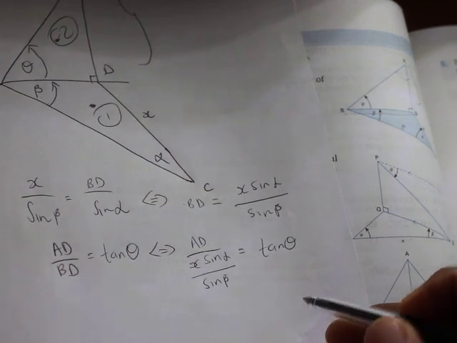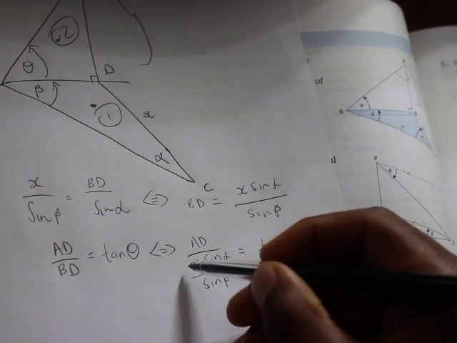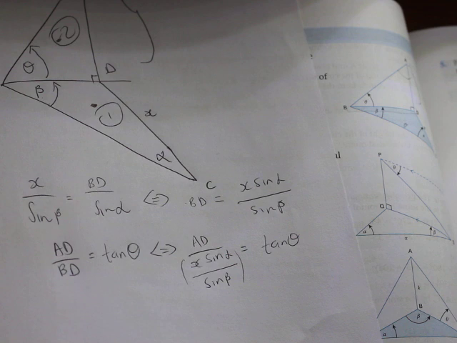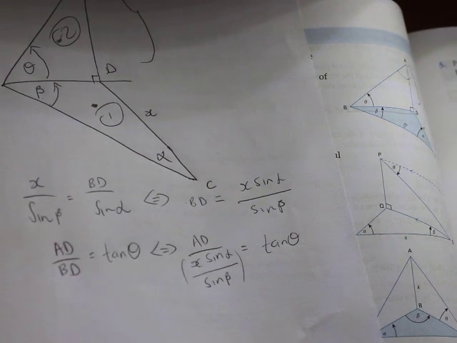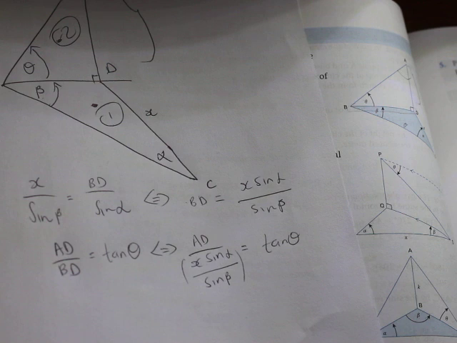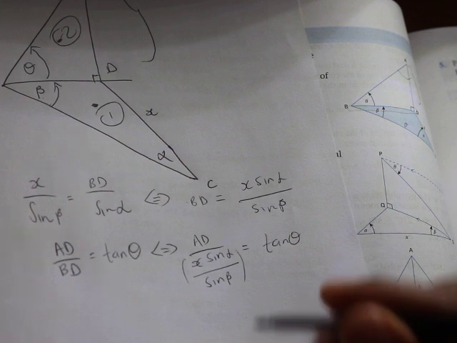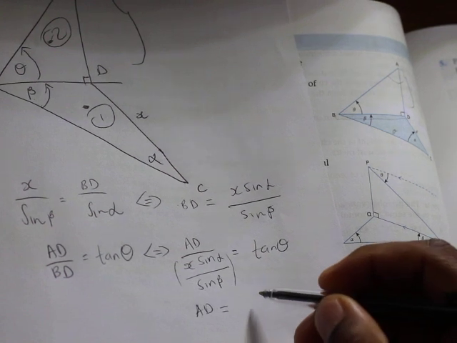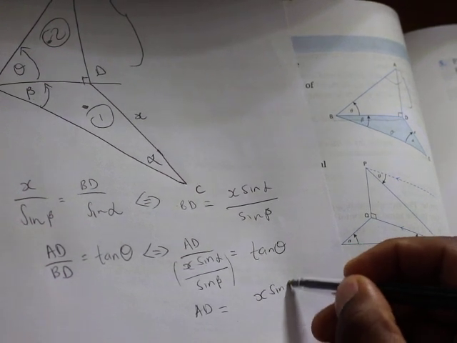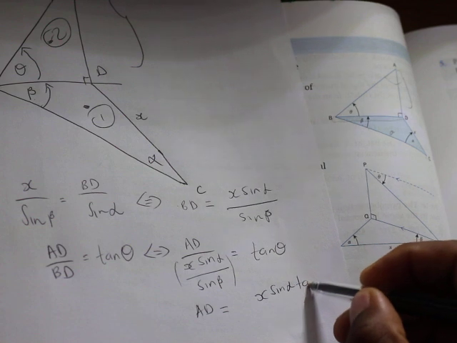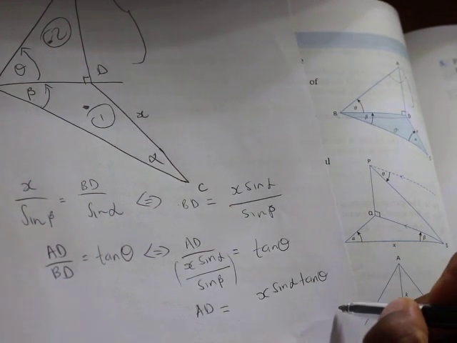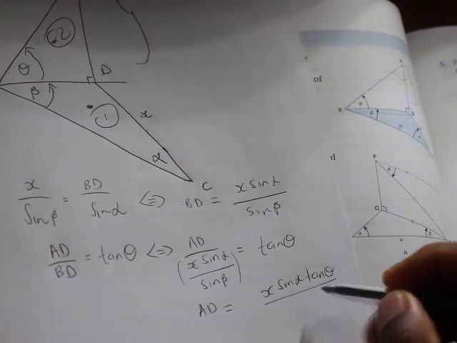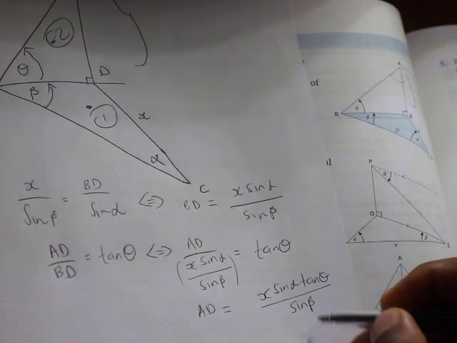Now we take this whole thing over here, we multiply with the multiplicative inverse on the left and on the right. So AD becomes x sine alpha tan theta divided by sine beta.